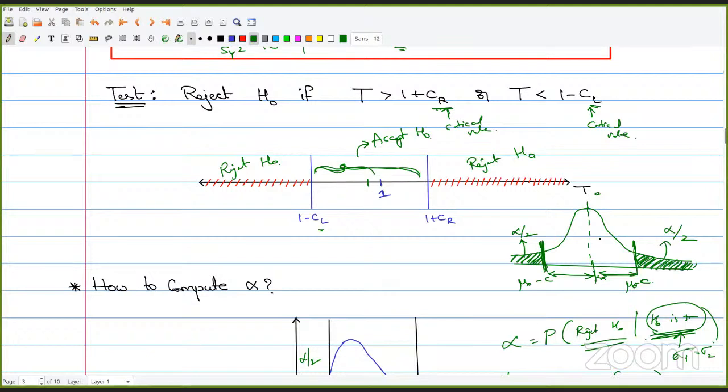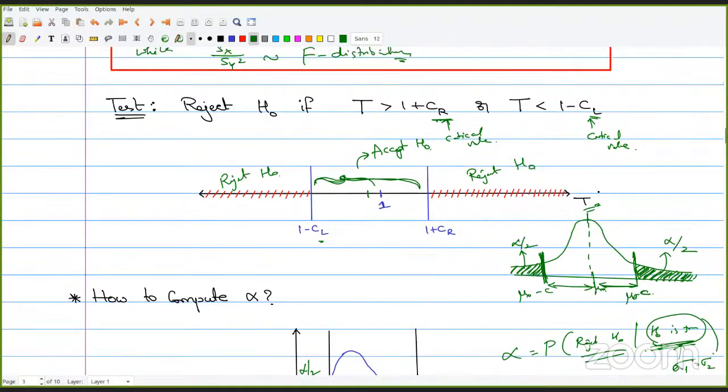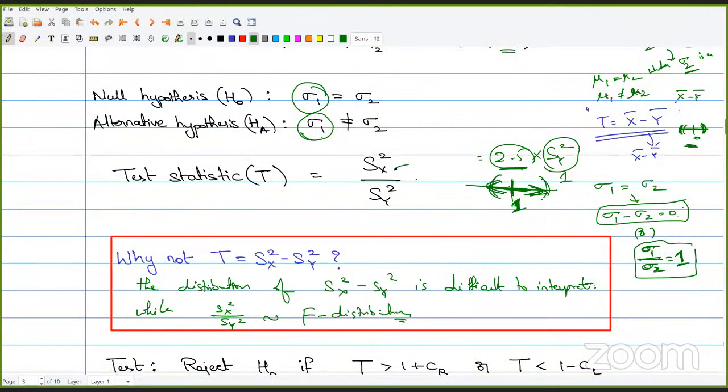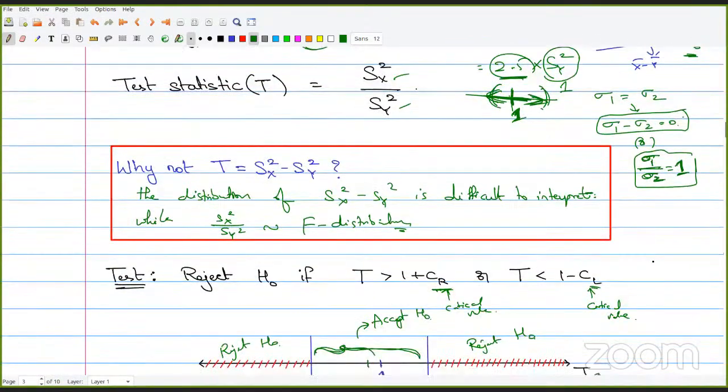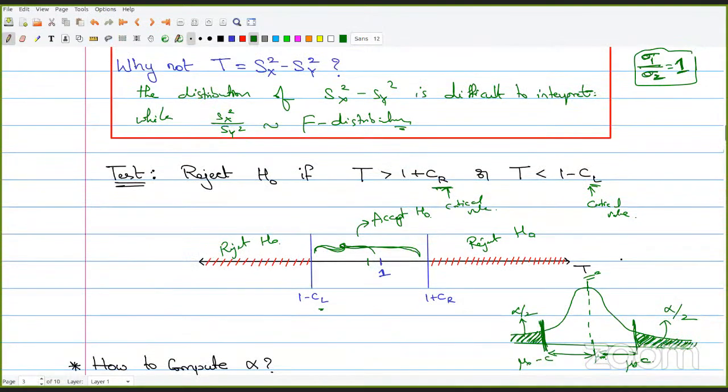You have some fixed value for T. You know how to compute T? We are testing sample variances. If you know the sample variances, you just divide both sample variances, and it might fall somewhere. It is a constant value now.